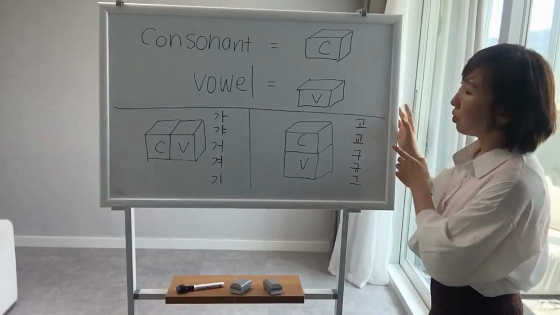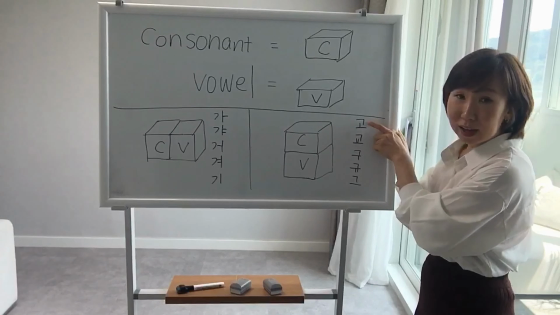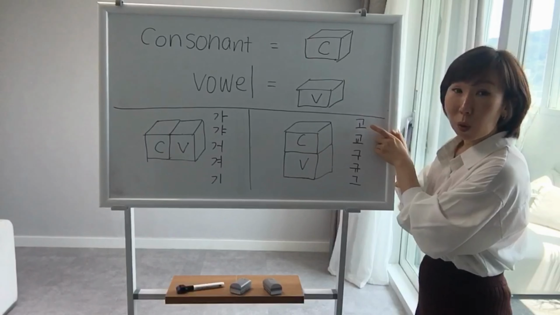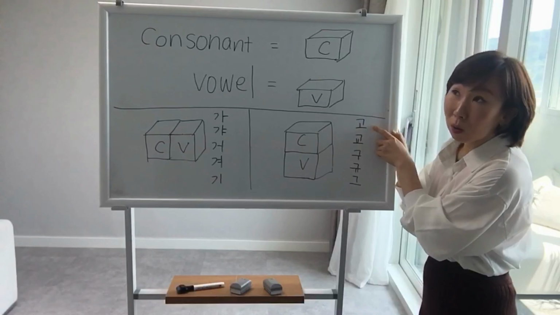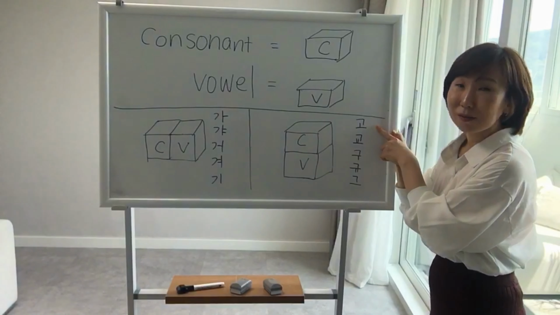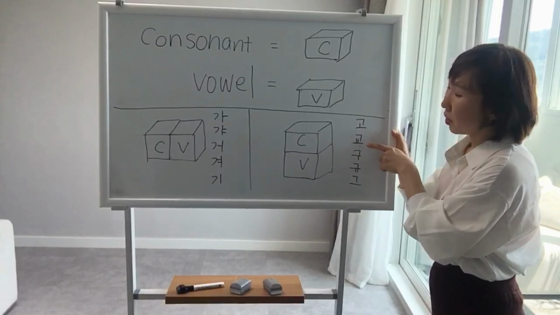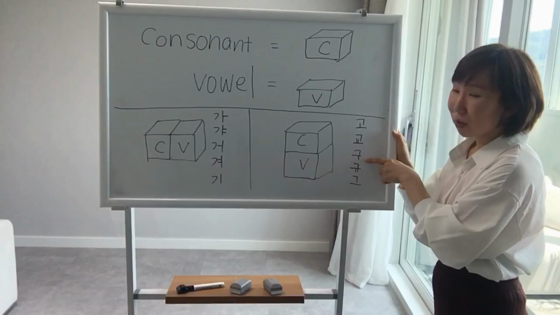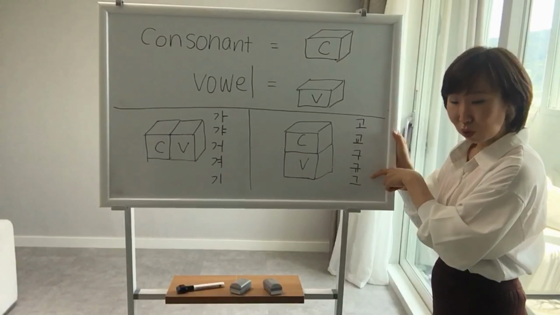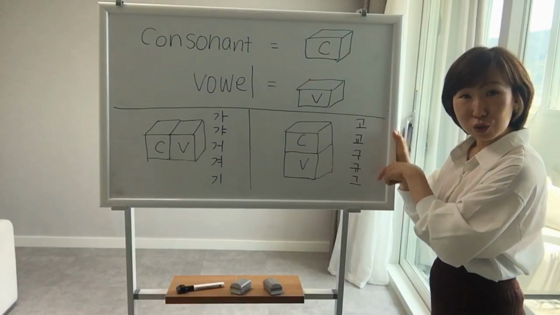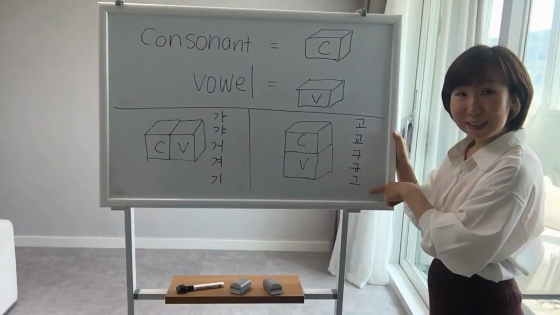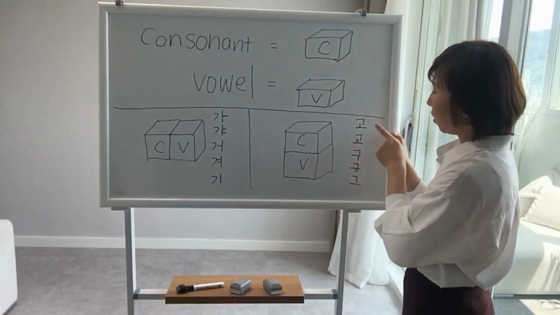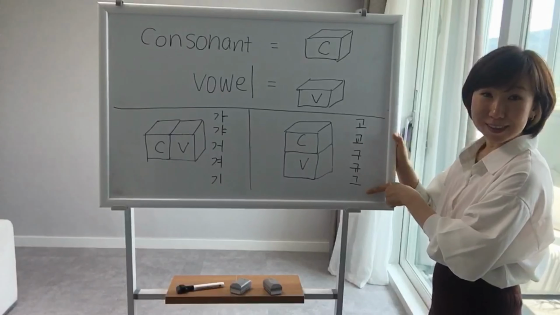And then the sound, when you read it, this is again the gun, the G sound. So it's g, and then this is o. So go, go. And then g plus yo, so gyo, gyo. So it's G plus u, so gu, gu. So 가, 갸, 거, 겨, 기, 고, 교, 구, 규, 그.